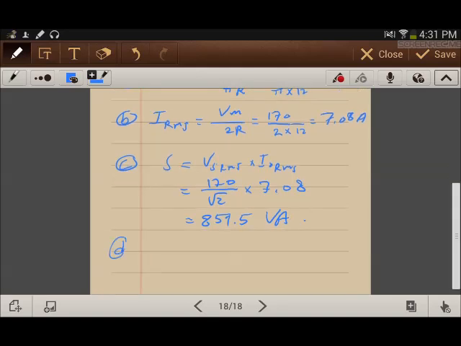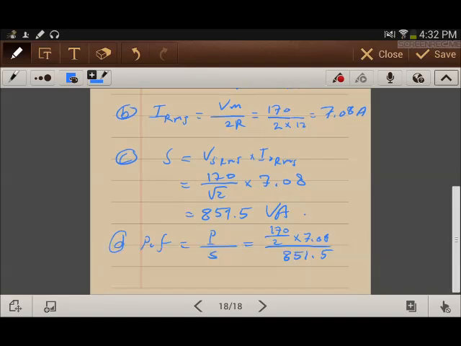And finally they want us to find the power factor. So the power factor is the average power divided by the apparent power. The average power is 170 over 2 multiplied by the current 0.08, divided by S, which is 851.5, and this will equal 0.707. As we know, for any resistive load half-wave rectifier, the power factor always doesn't change.